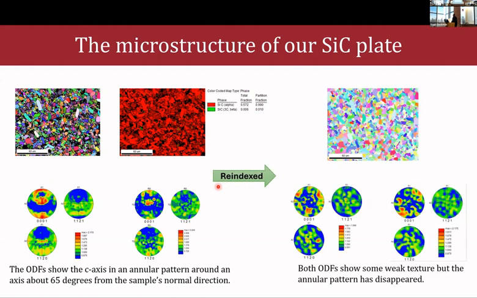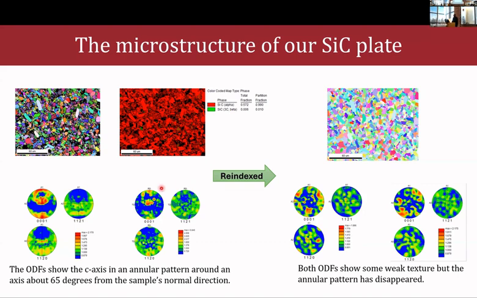That's why we re-indexed the sample, removing the beta phase, that's the cubic phase. And when we did so, we obtained this more complete and reliable grain map with a now randomized texture map.